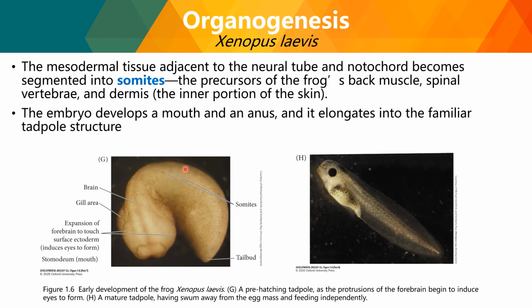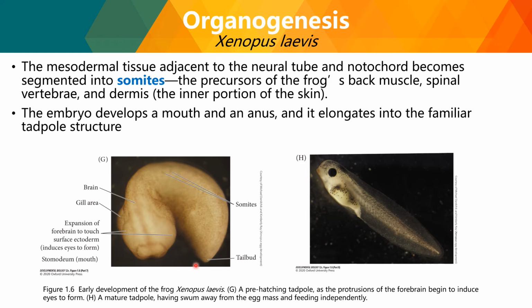Diba, nasa midline yung notochord. So, at its sides, nagkakaroon ng somites. So, these are the precursors of the frog's back muscles, the spinal vertebrae, and the dermis, or the inner portion of the skin. So, the embryo develops a mouth and an anus, and it elongates into the familiar tadpole structure.